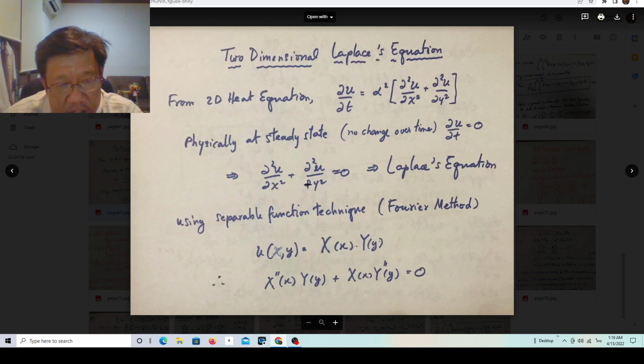And this equation is well known as what we call the Laplace equation.